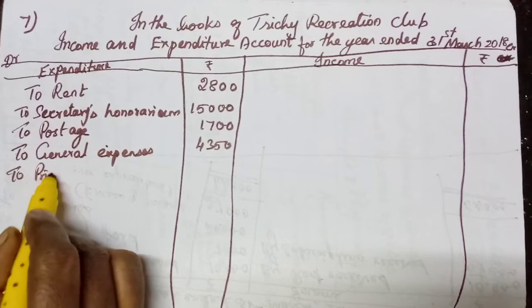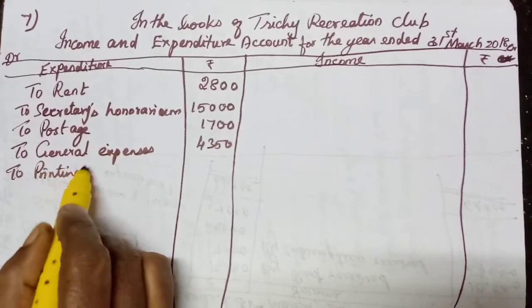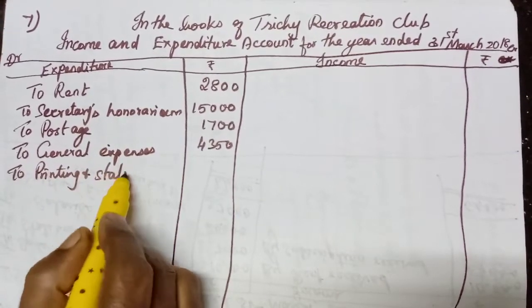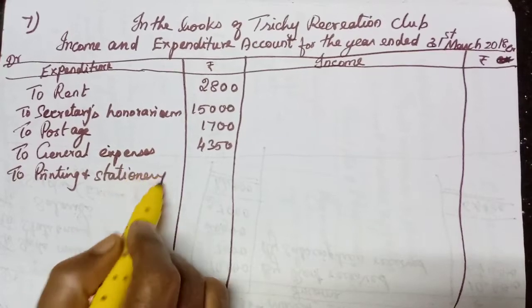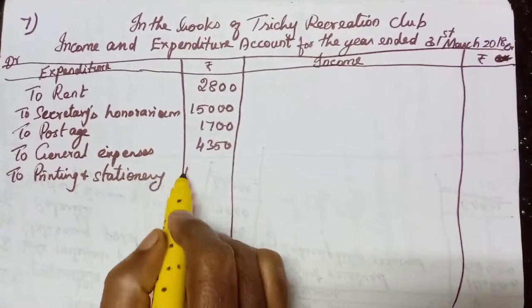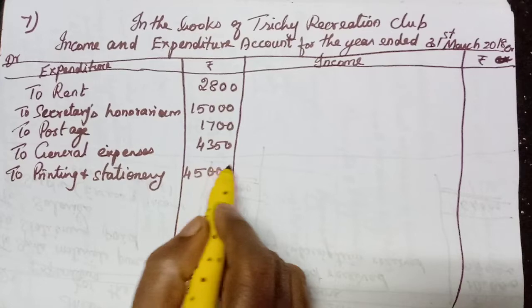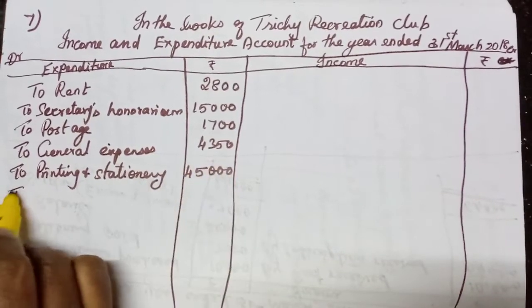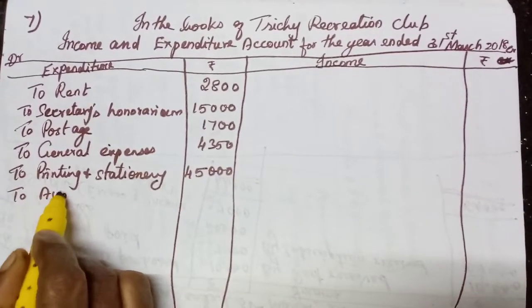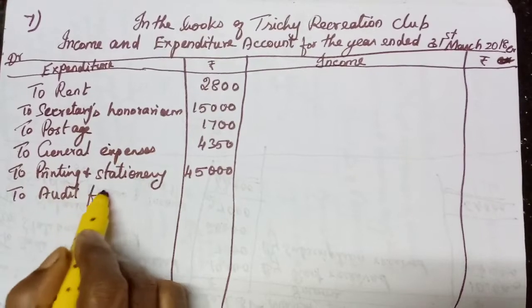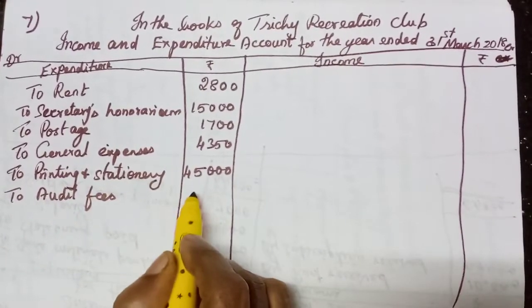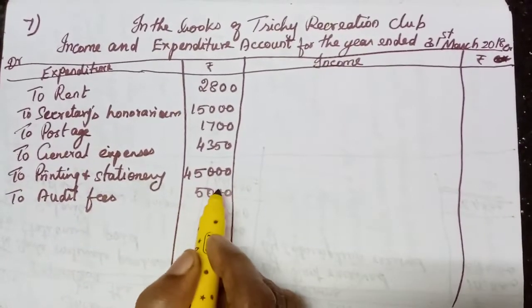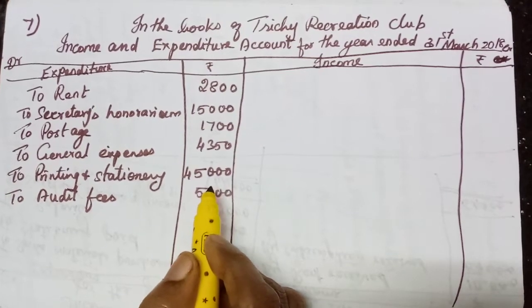Printing and stationery: 45,000. Audit fees: 5,000. Then the closing balance we should not take.